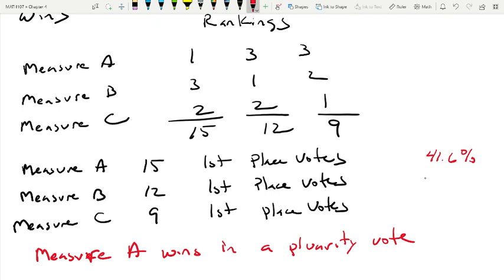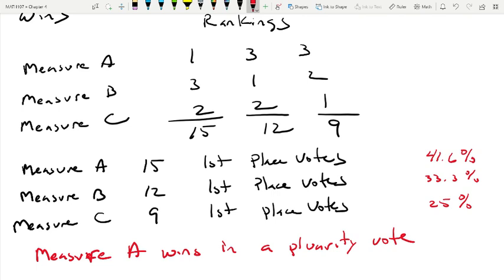This one is 33.3. And then this one would be 25%, right? So measure A wins, but it did not receive a majority.